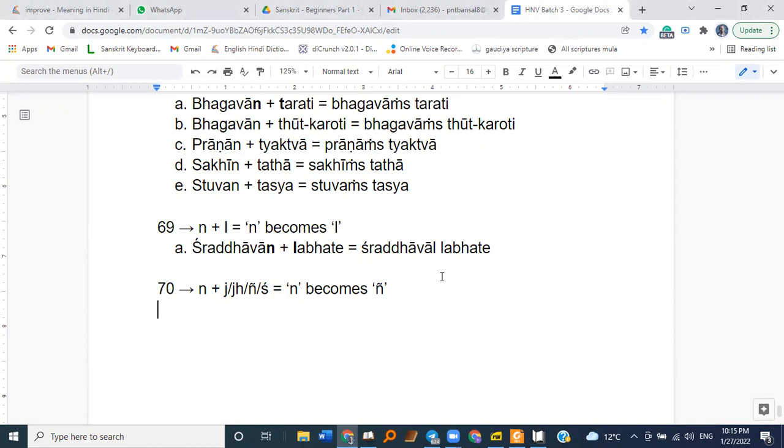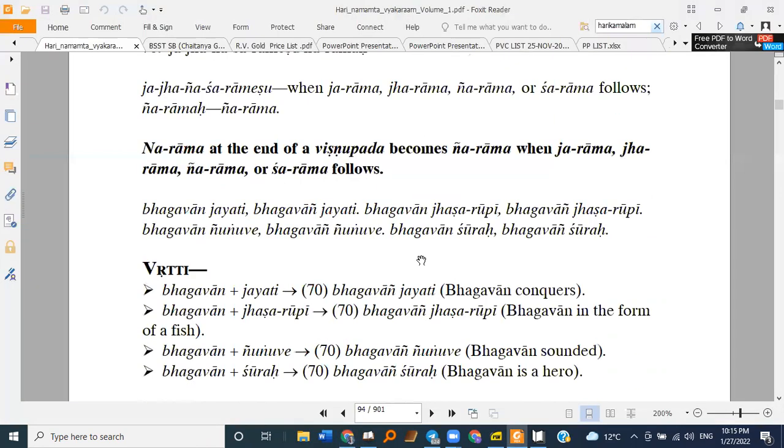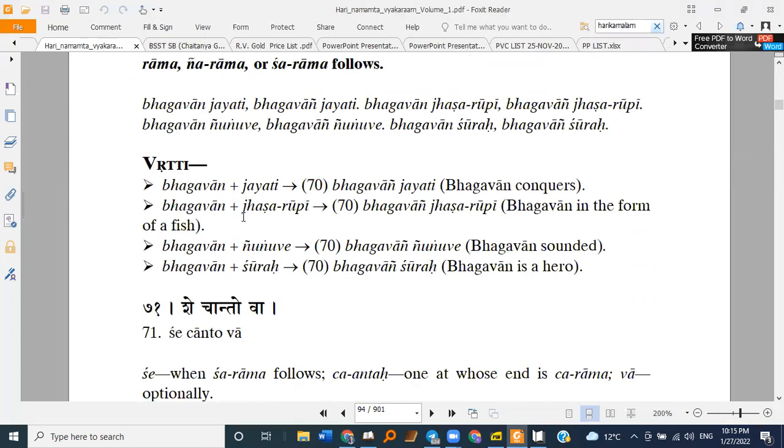So yes, for example, we can see the examples here.